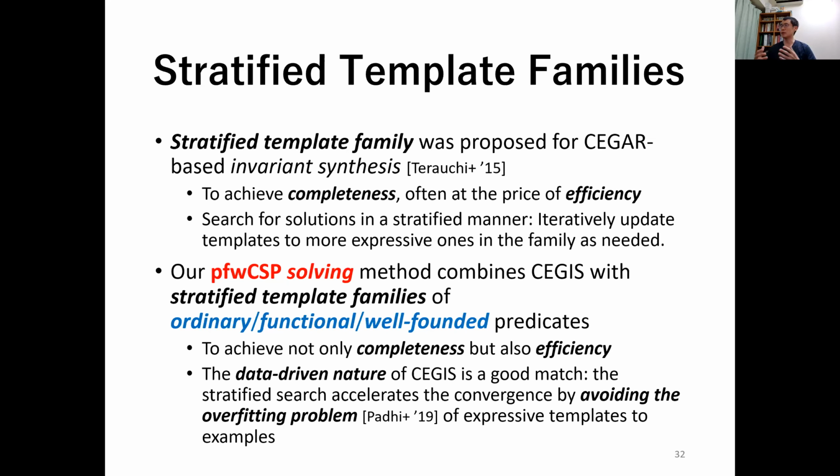So you have these example instances that are like points in the space, and you try to fit the solution over these points. There's a well-known problem called overfitting: if the solution space is too expressive, then you overfit. And this stratified template family has a nice effect of avoiding overfitting.